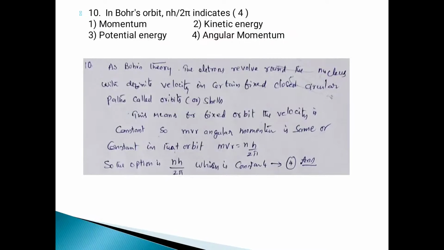In Bohr orbit, what does nh by 2 pi indicate? If you study Bohr's postulates, it directly gives you angular momentum only.